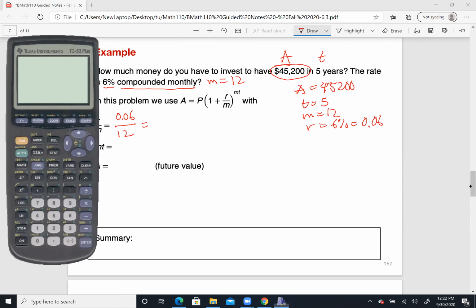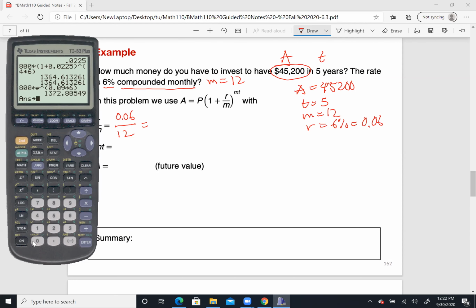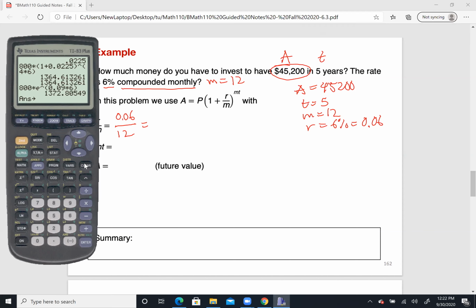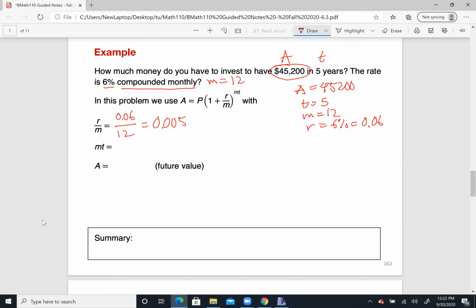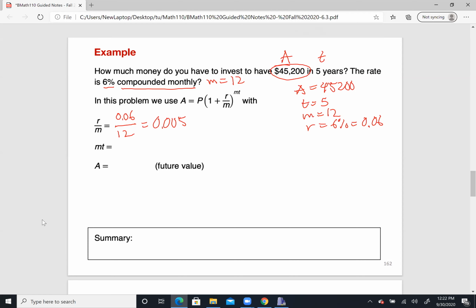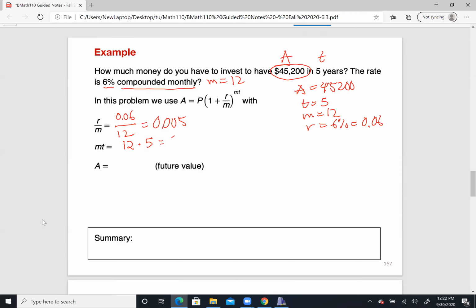Use a calculator: 0.06 divided by 12 gives 0.005. M times T is 12 times 5, which is 60.